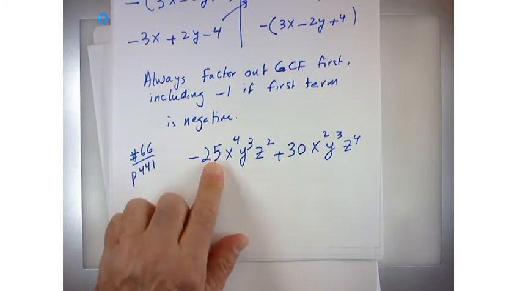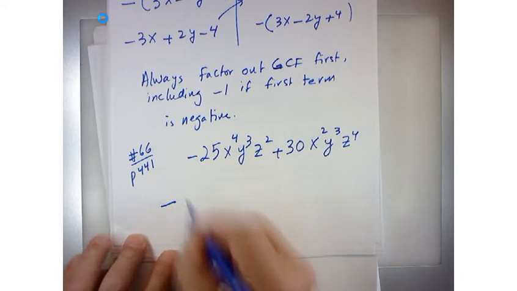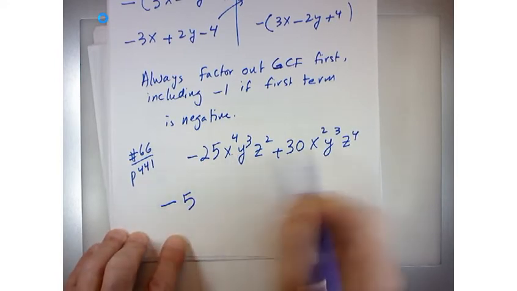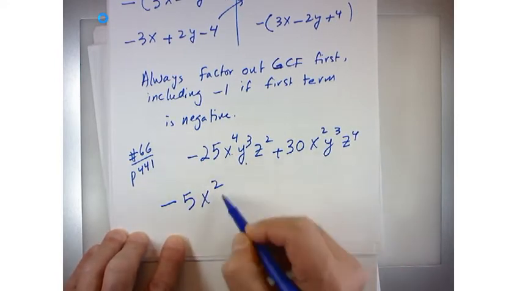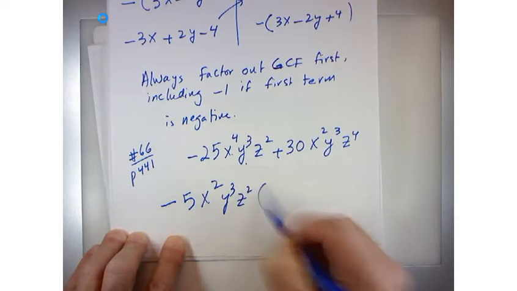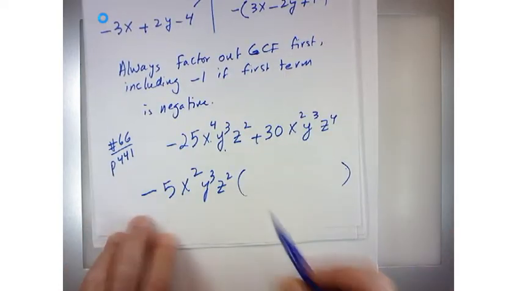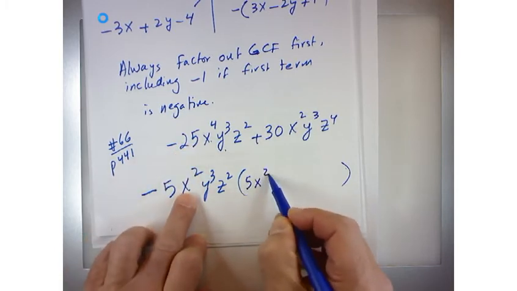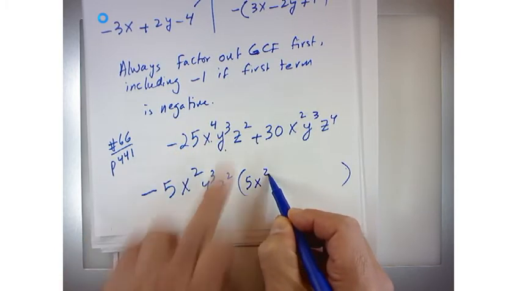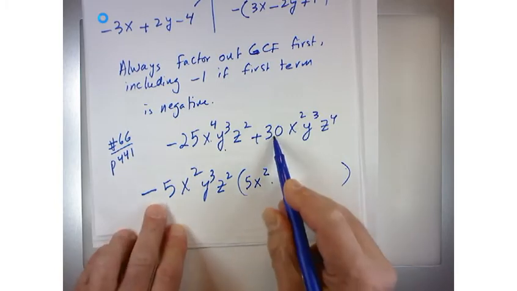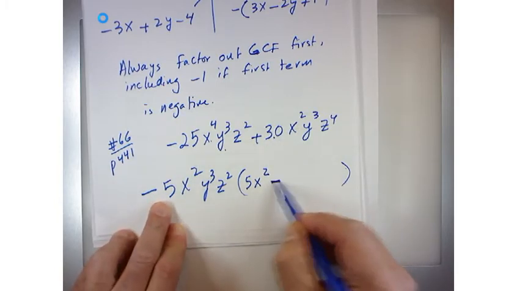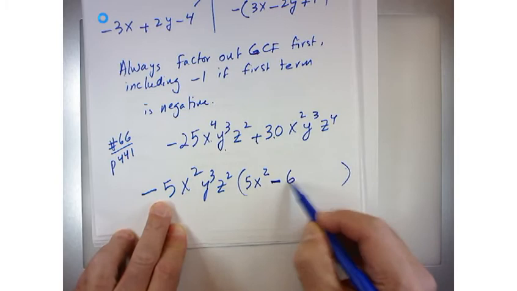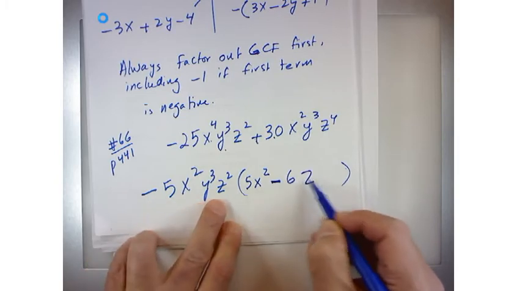The largest number that divides 25 and 30 evenly is 5, and then the exponents, x squared, y cubed, z squared, always the smallest exponent. So negative 5 times 5 would give me negative 25. This needs another x squared. Y cubed, I already have it. Z squared, I already have it. Now I need a 6 to make it a 30, but I need a negative because that's a plus. X squared, y cubed, I need z squared.